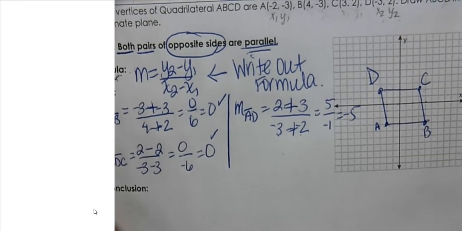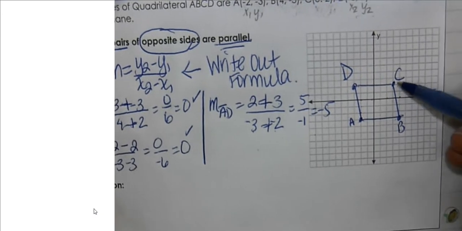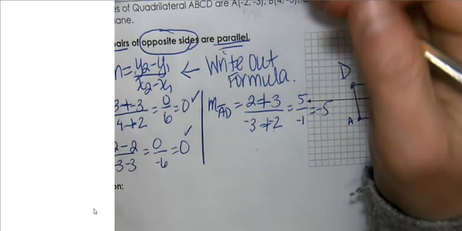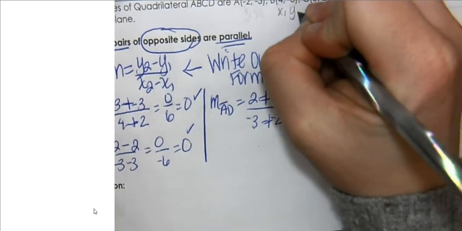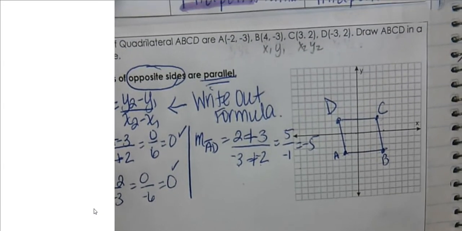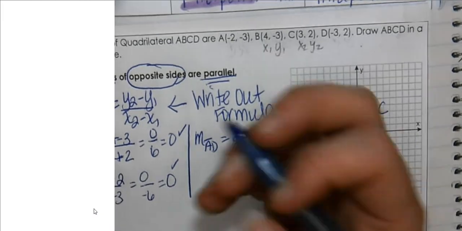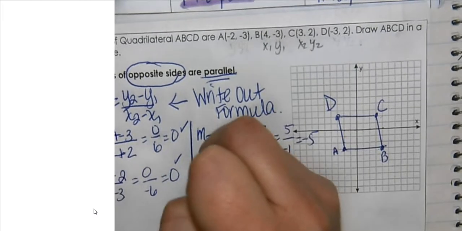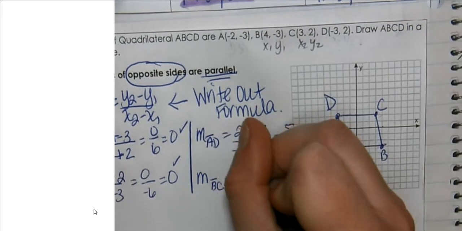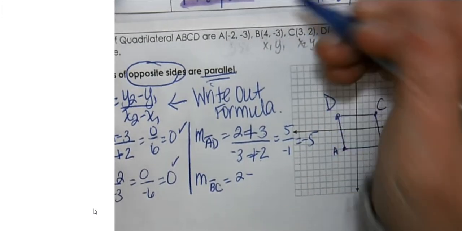Now I need to look at my final slope, which is CB. I'm going to erase my x1, y1s, and label x1, y1, x2, y2 for B and C. Now I'm going to find the slope of BC. y2 is 2, minus y1, which is -3.